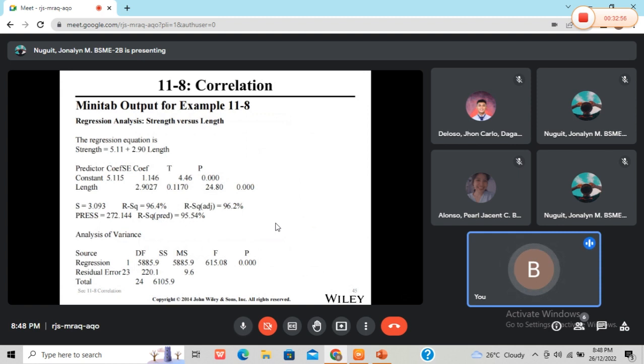So we have our Minitab output for Example 11-8, the regression analysis of strength versus length. The regression equation is strength equals 5.11 plus 2.90 length.